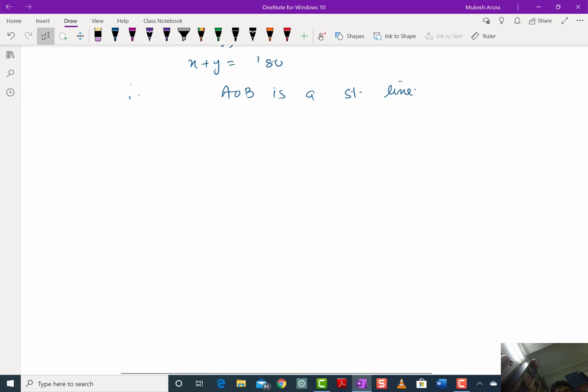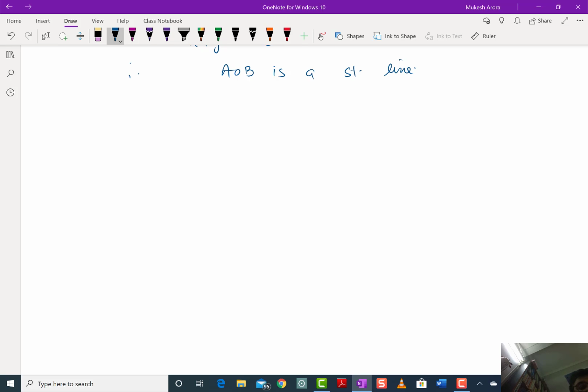So the next sum is very important. It's given that P, Q and this is R, perpendicular.